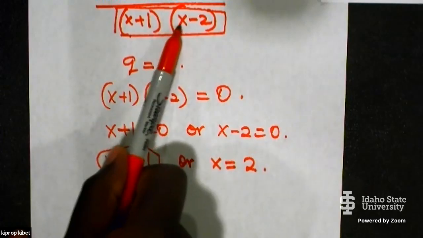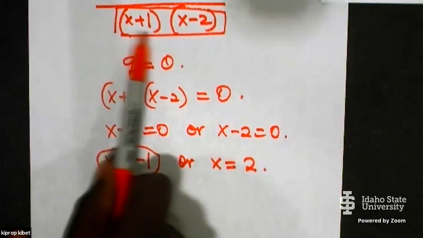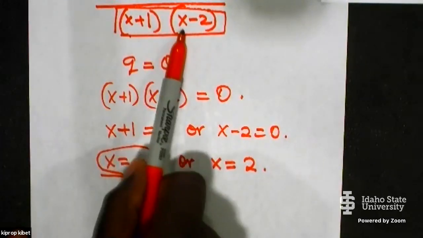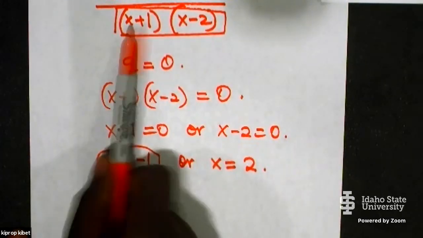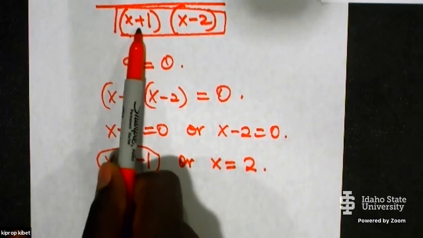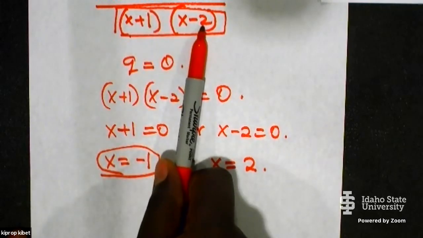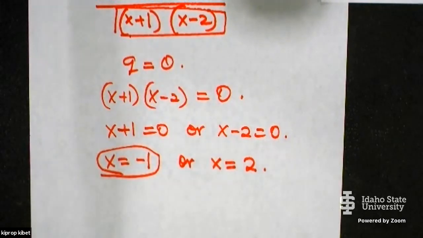Then when x is 2 here, you get 2 minus 2, which is 0, and the other factor is 2 plus 1, which is 3. 3 times 0 will be 0, so you get a 0.